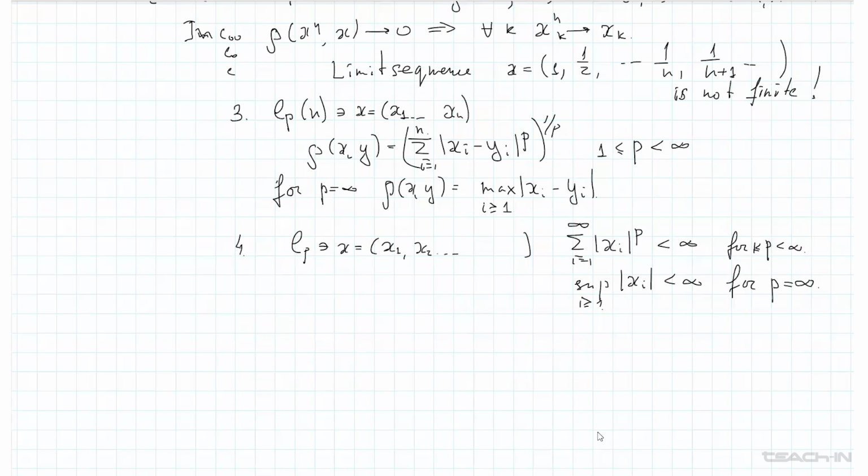So the metric, of course, we can obtain from the formula which describes the elements of the space. For finite p, we need to repeat this sum, and for infinite p, it is just the supremum.